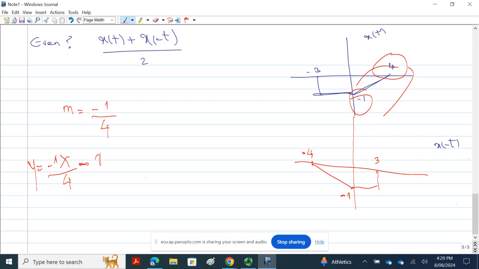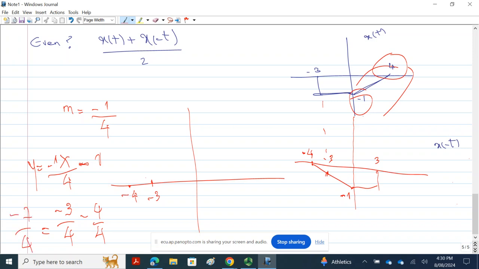minus 1, because of the intersection. And now I'm gonna add both of them, and then the first point is gonna be minus 4, and then I have minus 3. I have to go down to here, and this point is minus 3. I have to evaluate this point in here, which is minus 7/4, right?